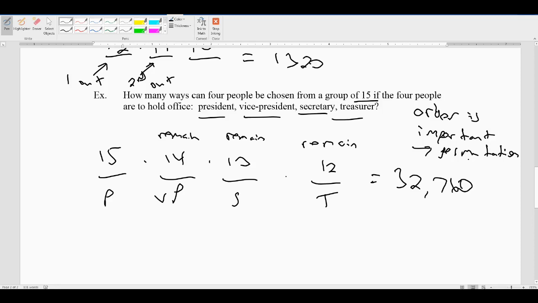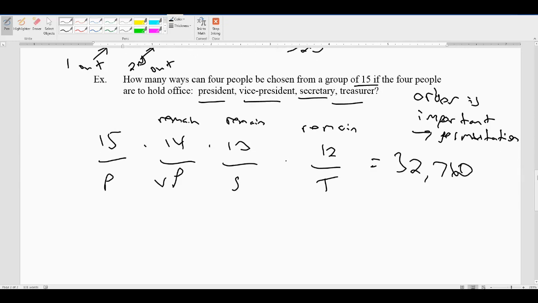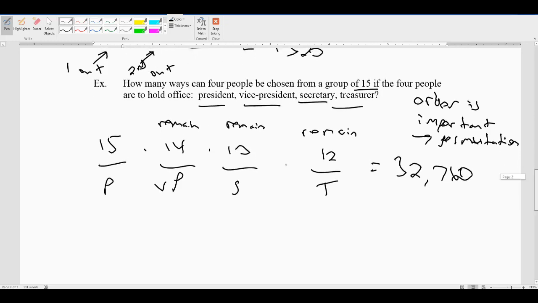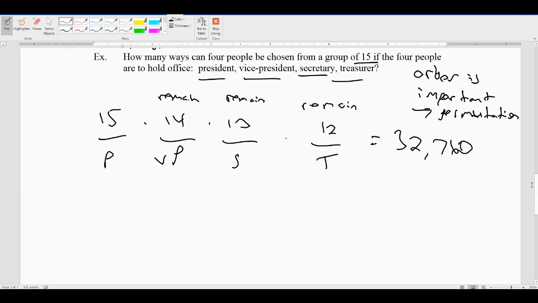The reason it might not be a permutation is if you have 15 people and just choose 4 people to be on a committee, don't hold office, but just be on a committee. It doesn't matter how you arrange those 4 people; they're still the same 4 people. But once you give them a title, it changes their order. It changes who they are. Things become more important. So if you use permutations, it'd be 15P4.